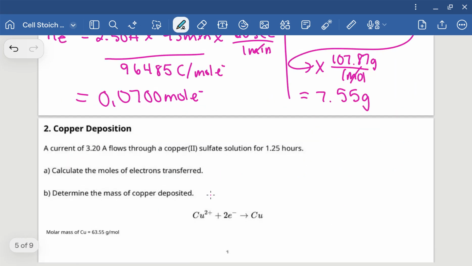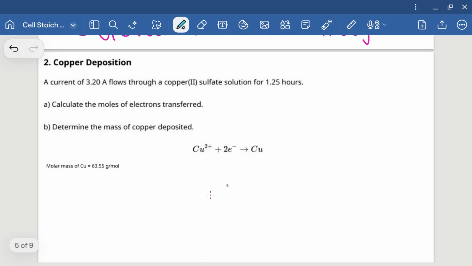Our second example is one to do with copper, and the same thing. If it doesn't tell us that it's copper that's being plated, you'd be able to figure it out because the metal is what's going to be plated in electroplating or losing mass, depending on what's happening within the cell. Same thing with this one: we're calculating the moles of electrons transferred.